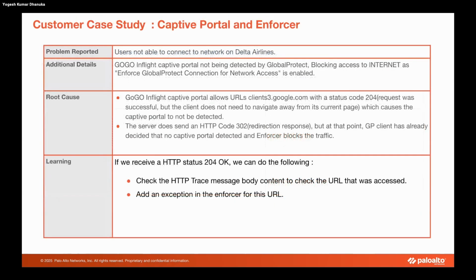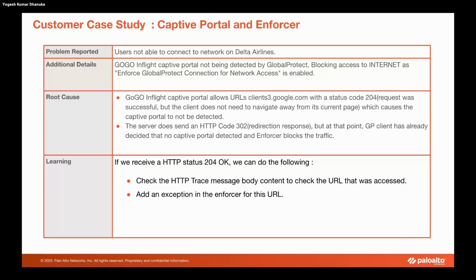A similar case was where another user was trying to connect to airline Wi-Fi and was not able to connect. That was because of the way the captive portal equipment was working. The expectation is that the GP client tries to send traffic to client3.google.com, receives a response, and then that redirection causes the captive portal page to open up.